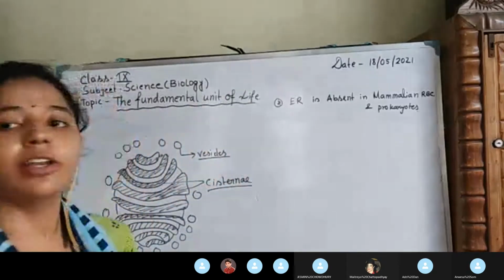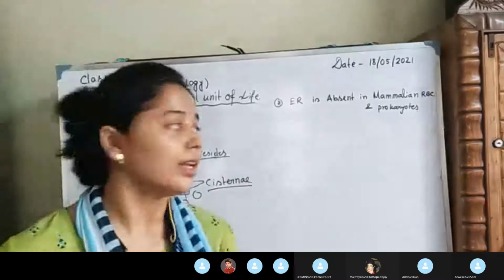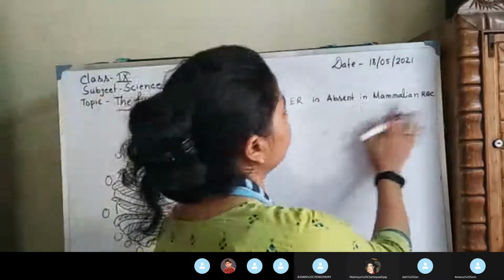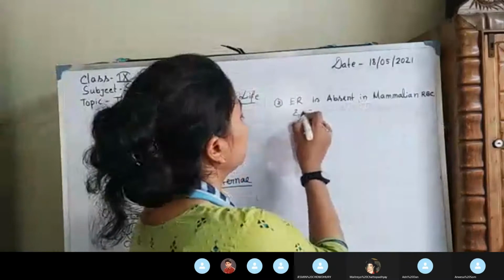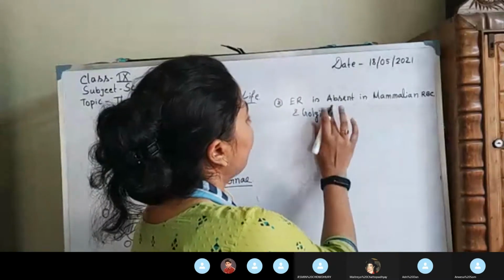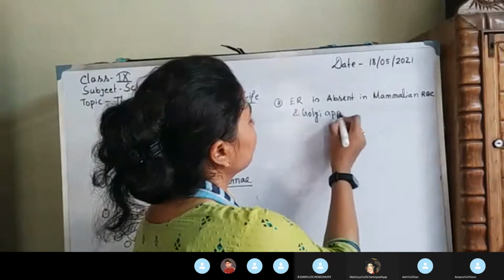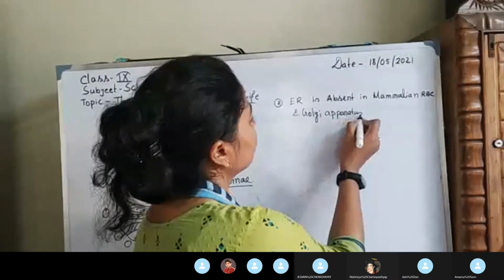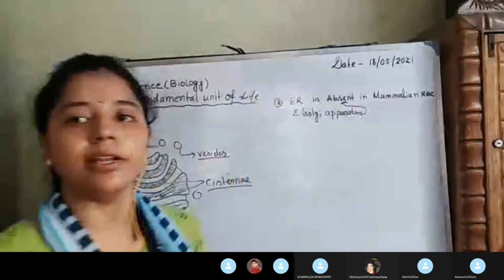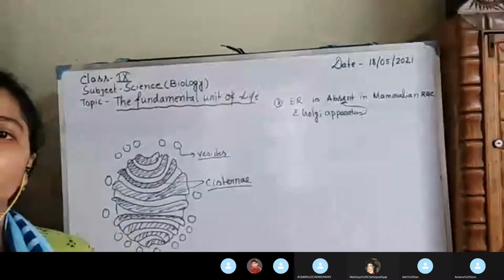Here also Golgi apparatus is absent in mammalian RBC. So we can say endoplasmic reticulum and Golgi apparatus are absent in mammalian RBC.